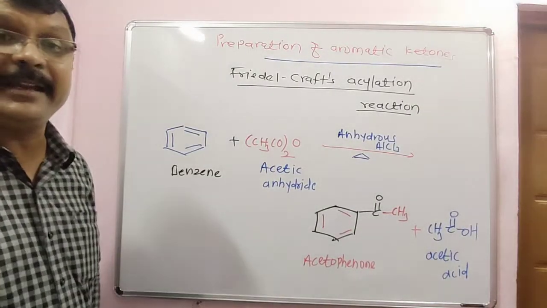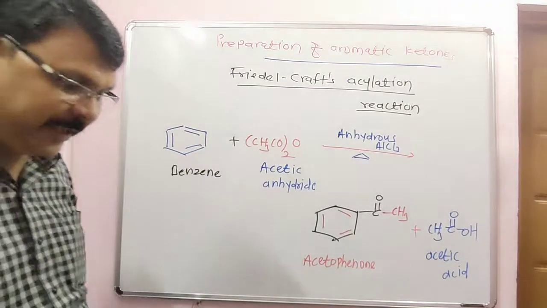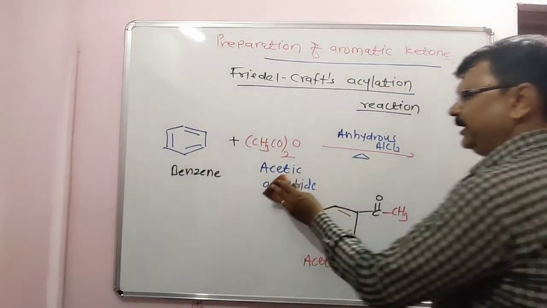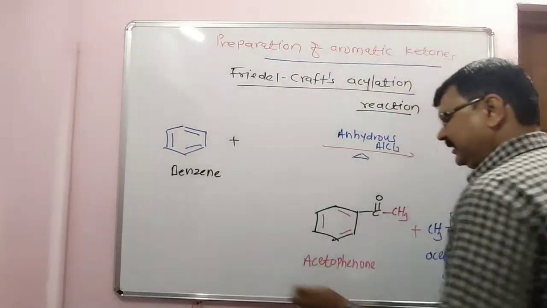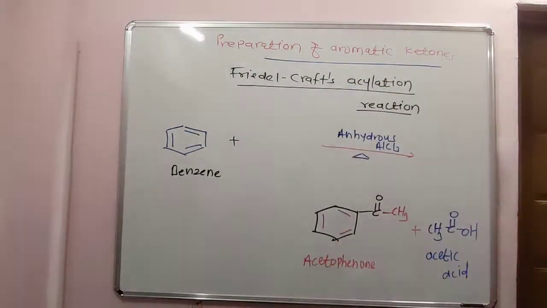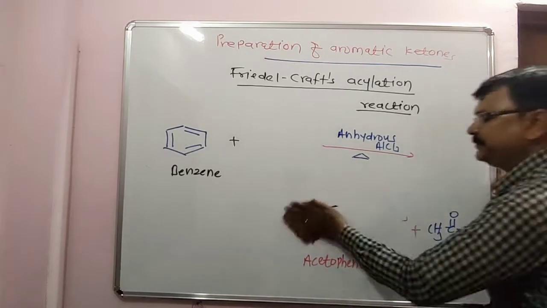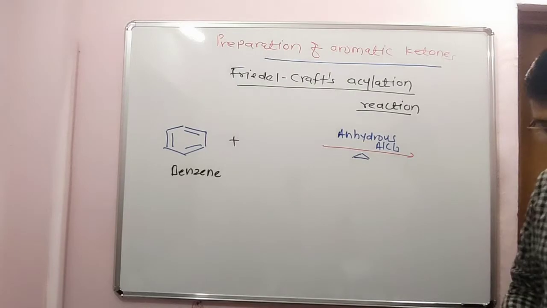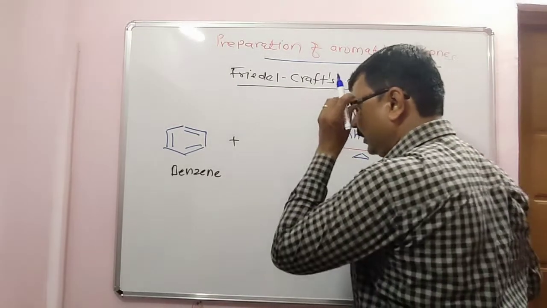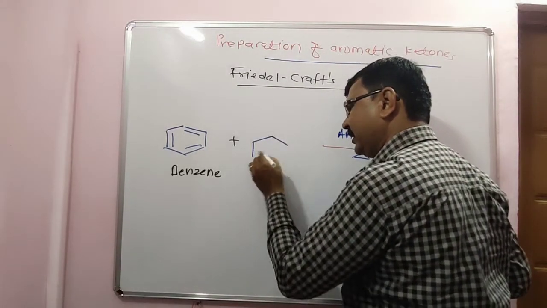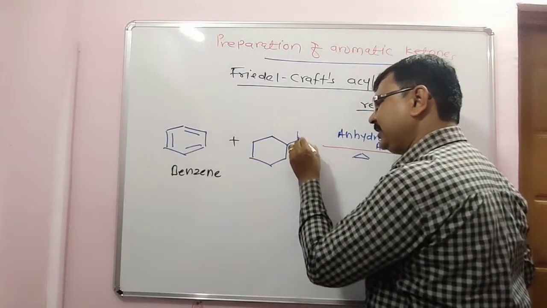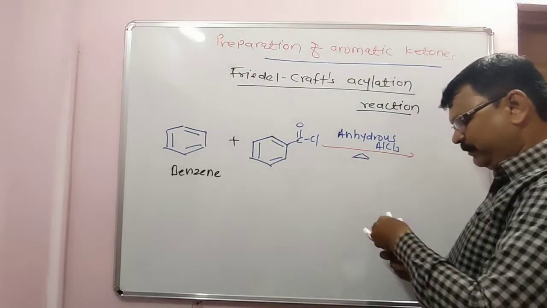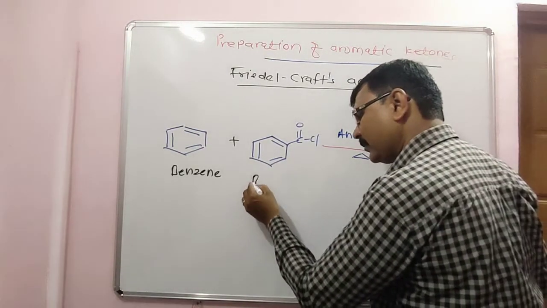Next, simple, what is the action of benzoyl chloride? Benzoyl chloride, C6H5COCl, like this.